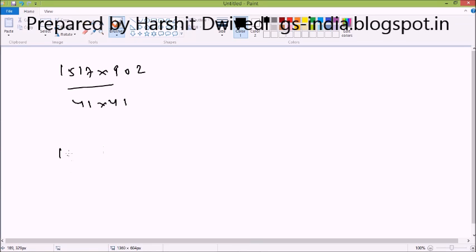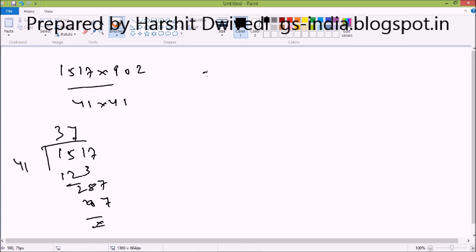Now first of all, in order to divide 1517 by 41, I should divide it separately. 3 1s are 3, 3 4s are 12, 11 minus 3, 8, 4 minus 2, 2, 7, 7 1s are 7, 7 4s are 28, 0. So 1517 divided by 41 came out as 37, and now remains 902 by 41.